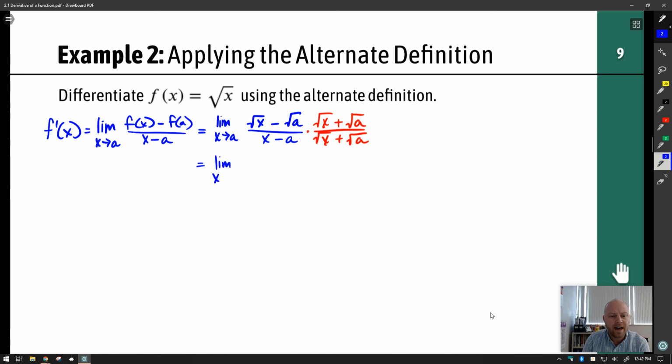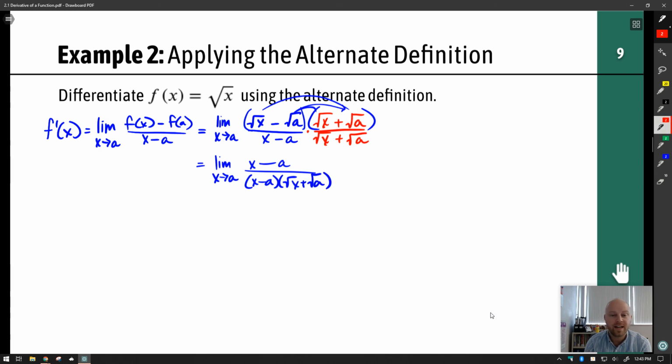The limit as x goes to a of, well, let's perform our multiplication on top. Root x times root x is x. And minus root ax plus root ax, that kind of zeroes out the two middle terms. And then we're finally left with negative root a times positive root a, so that's minus a. This is on top of a fraction with x minus a times root x plus root a on bottom.